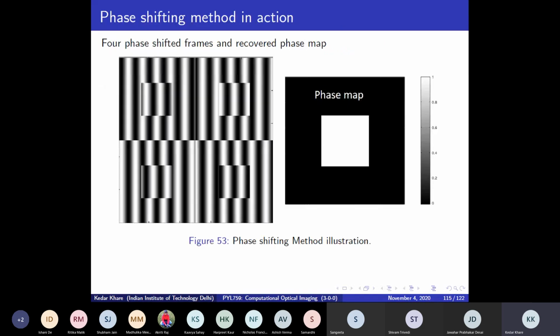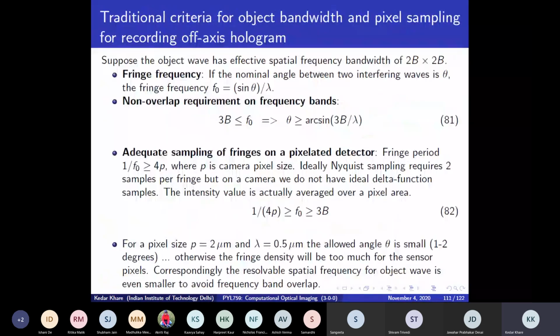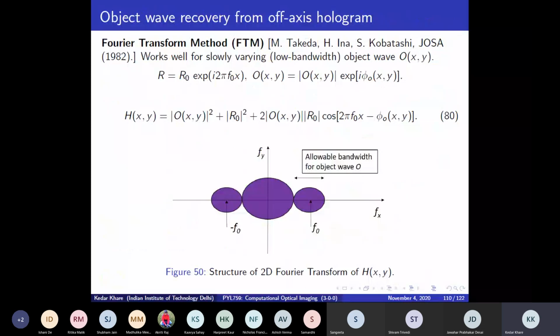We already saw in this picture that if your fringe pattern is actually resolved well on the camera as per Nyquist rate, then the camera sampling itself has the capacity to resolve this whole spatial bandwidth, all the way from this side to this side. However, because we don't want overlap of these bands, the allowable bandwidth for an object wave is only this much. So it is only 1/4 of what the camera can resolve.